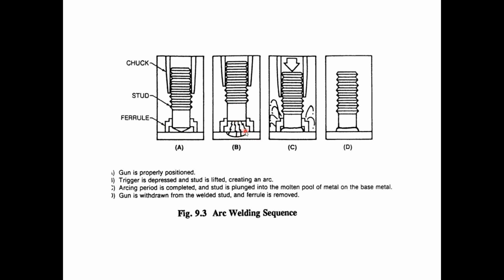Then in just a millisecond, the current's passing through, and it's plunged down so that heat has made this material and the end of the stud molten, and those two things are plunged together. Then the gun is removed and the stud is left behind, and you have to break the ferrule off to be able to see the weld around the bottom of the stud.